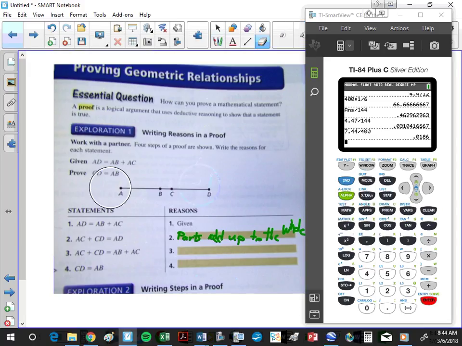So A to C plus C to D, so this length plus this length, is exactly the same distance as AB plus AC. How do I know that's true?